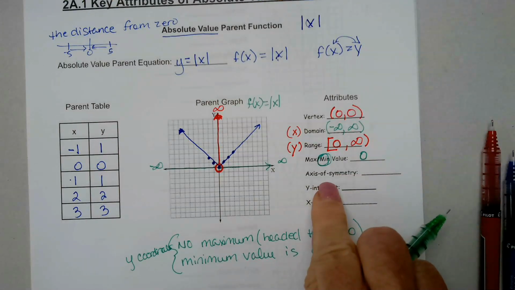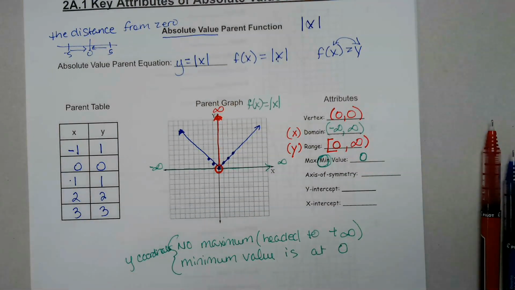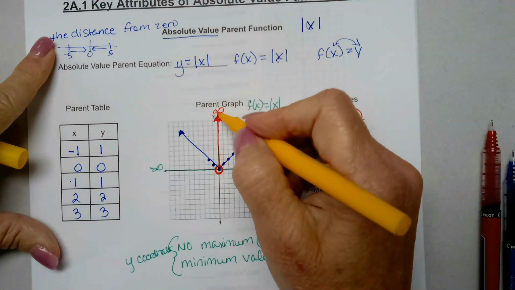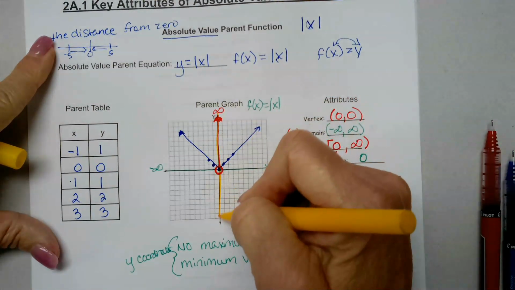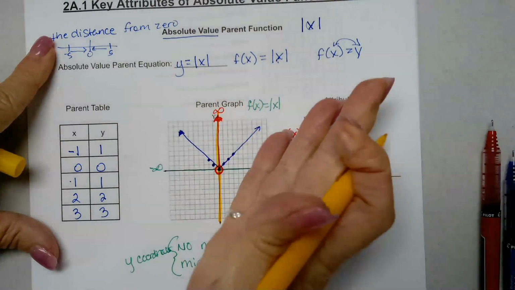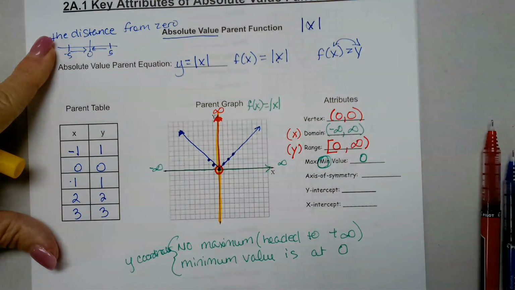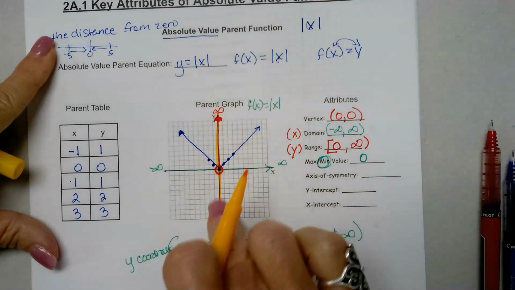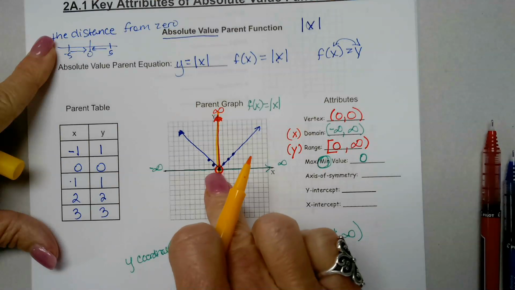Your axis of symmetry. Your axis of symmetry is that line that separates your graph in half. So our graph right here, to separate it so that it always reflects around your axis of symmetry, crosses the x-axis at 0.